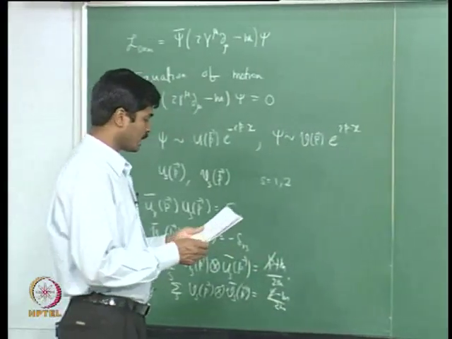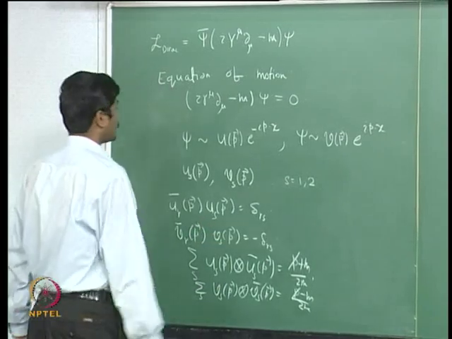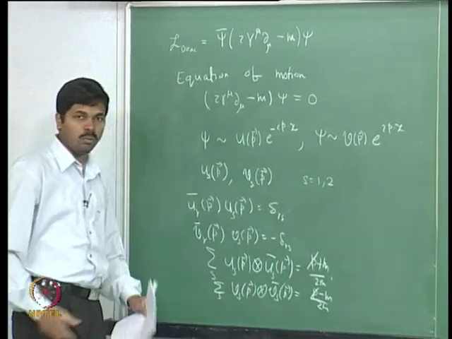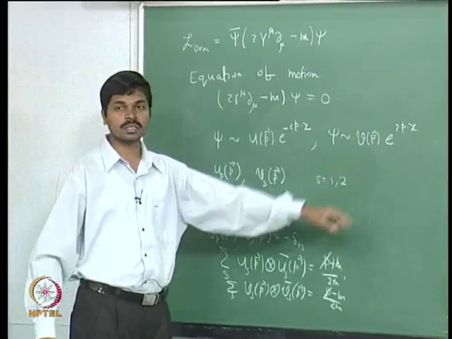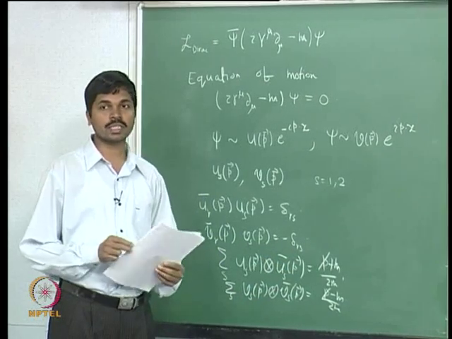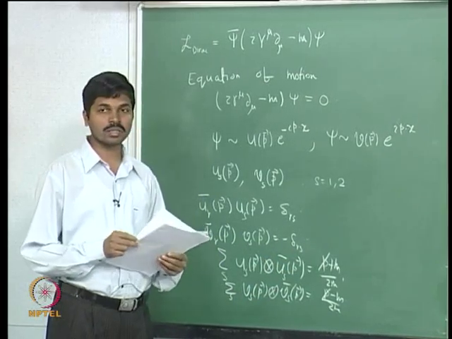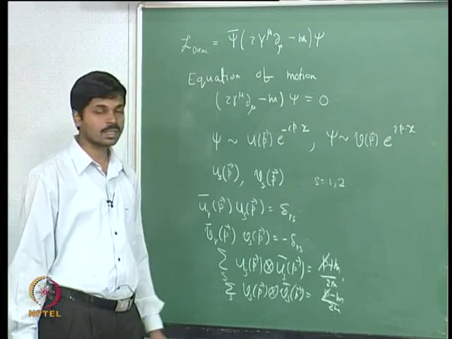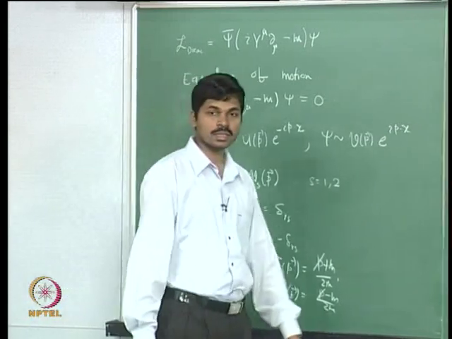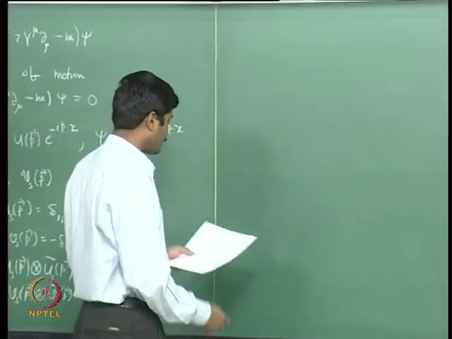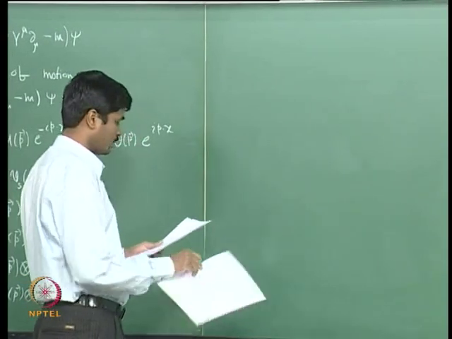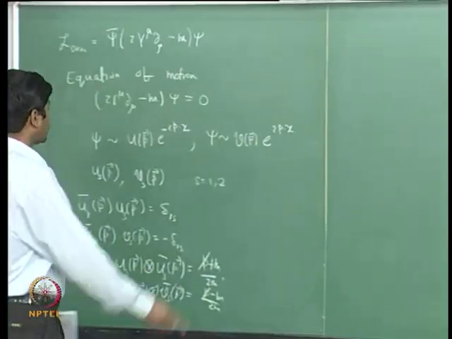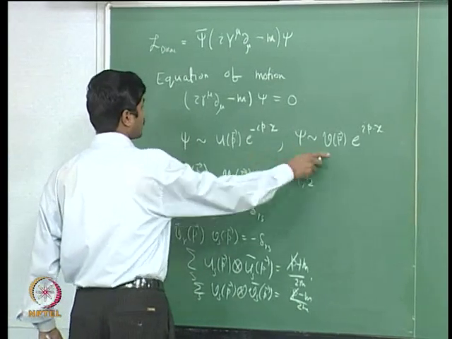What we will do is use these linearly independent solutions to construct the most general solution, and then we will see what happens when we quantize the Dirac field. The most general solution will of course be a linear superposition of solutions of these kinds.